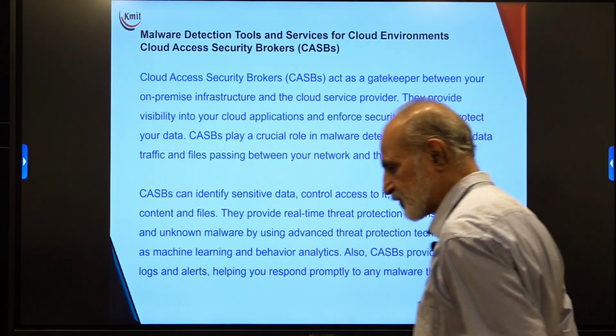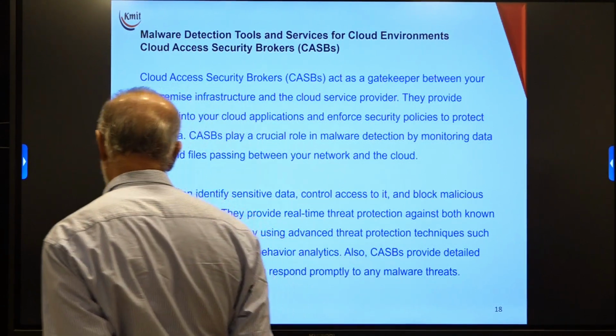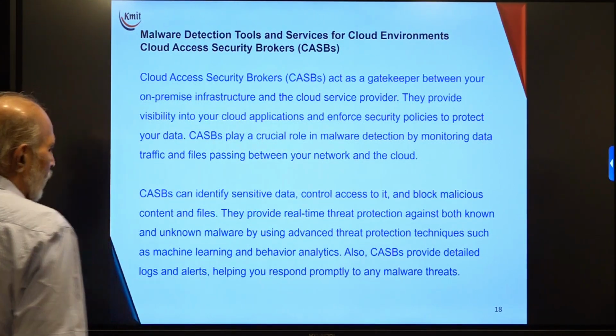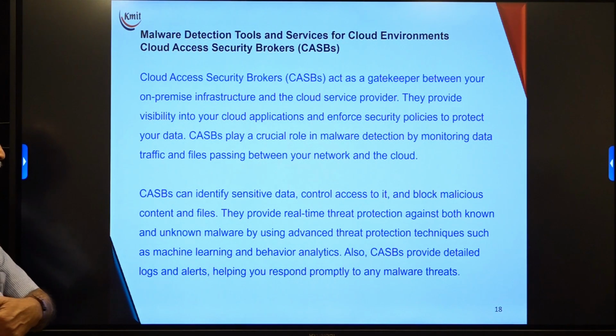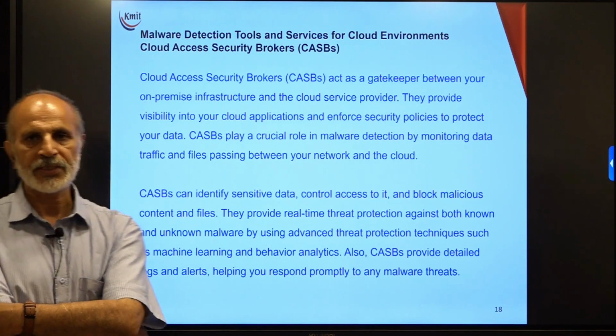However, a very good system, a very good technique is called the cloud access security broker, very popularly known as CASB. It acts as a gatekeeper between your on-premises infrastructure and the service provider. This is more like our firewall in a traditional system. They provide visibility to your cloud applications and enforce security policy to protect your data.